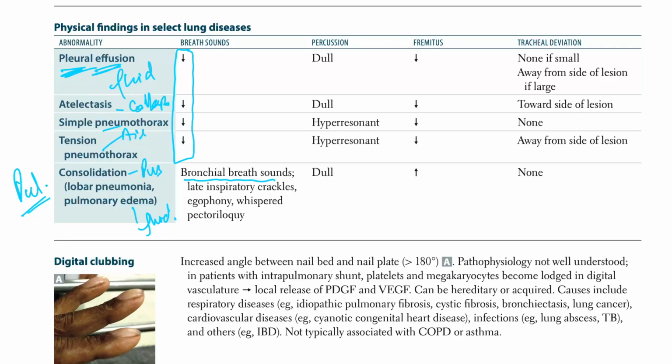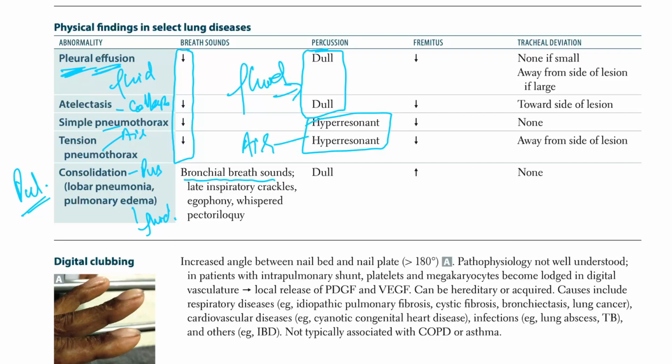Percussion is important. What are you going to do in percussion? When you have fluid, you're going to have a dull percussion. Just think about a barrel: when you put fluid in and you tap it, you will feel that dull percussion. But when will you feel hyperresonant, meaning the echoing? The echo occurs when there's air, right?